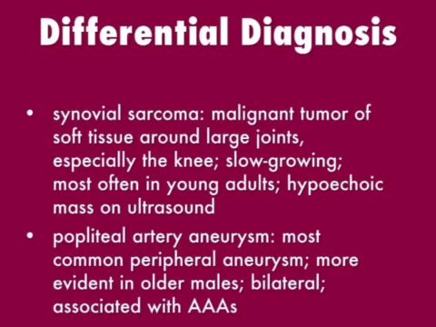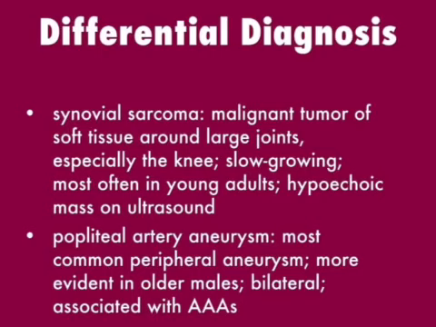Two examples of a differential diagnosis for a Baker's cyst include synovial sarcoma and a popliteal artery aneurysm. A synovial sarcoma is actually a malignant tumor of soft tissue around large joints, commonly the knee. It will be slow growing and most often in young adults.